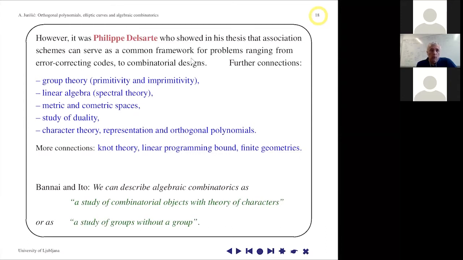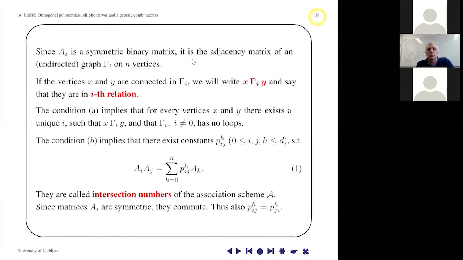And yeah, we will see that this area is fruitful because of the duality. And okay, I could mention also Bannai and Ito's claim that this is a study of combinatorial objects with the theory of characters, or that we study really groups without defining a group. But there are also other connections with knot theory, programming, linear bound, finite geometries, and so on.